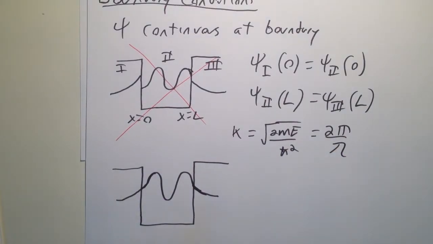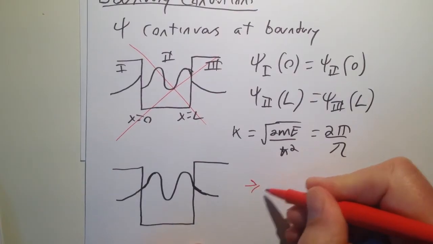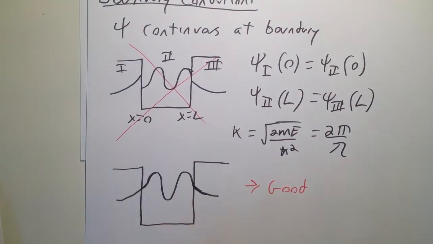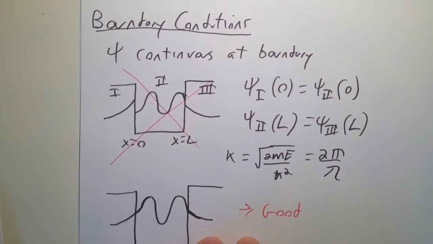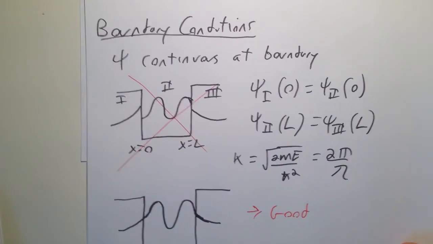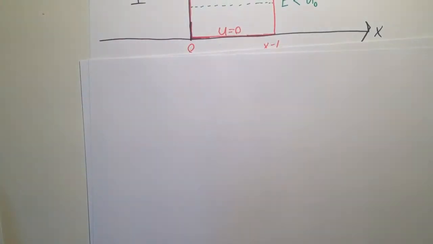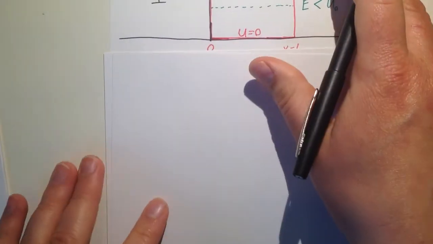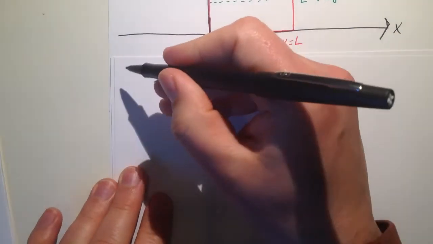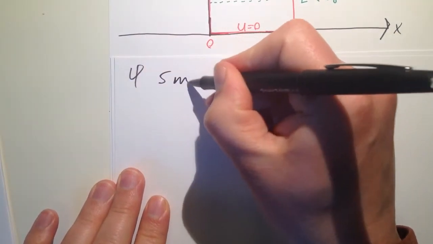So this is what we want. So that's the first boundary condition. The second boundary condition is that the wave function has to be smooth at the boundary. Wave function smooth at boundary.